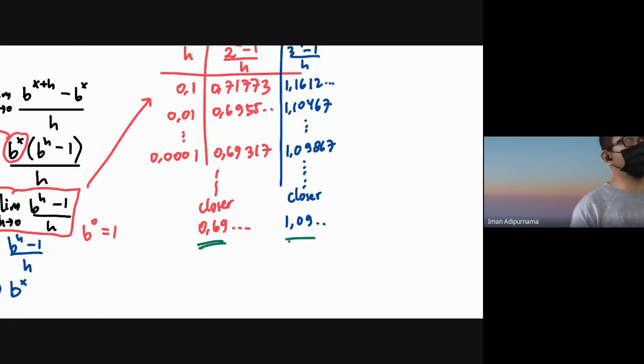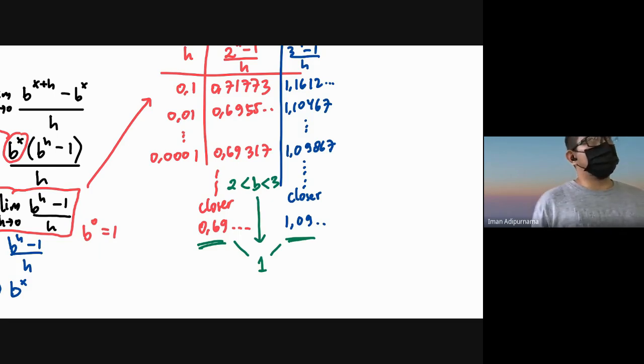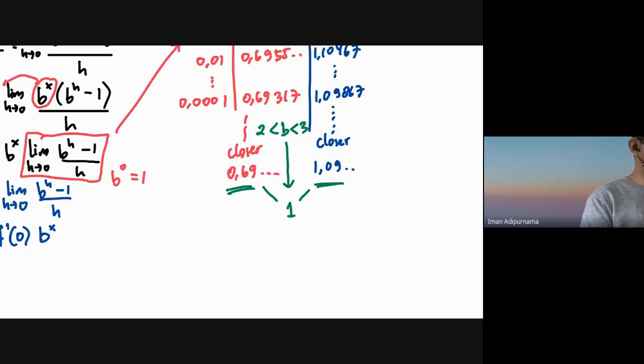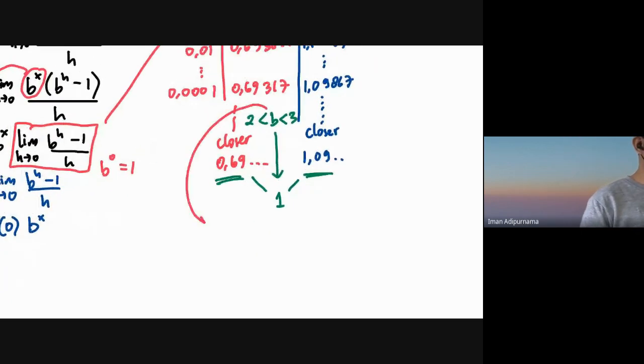Okay. Now from these two numbers, if you notice, the results are 0.69 and 1.09, right? So probably somewhere in between, there will be some result that is 1. So if we put some number b between 2 and 3, there will be some resulting 1. That b is actually our e.